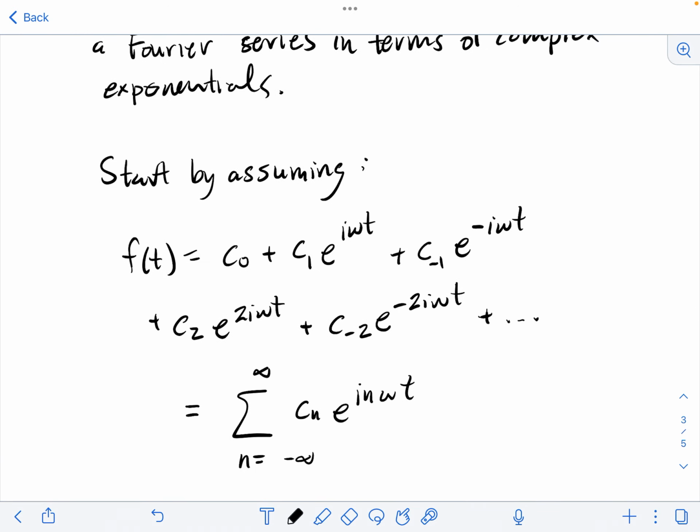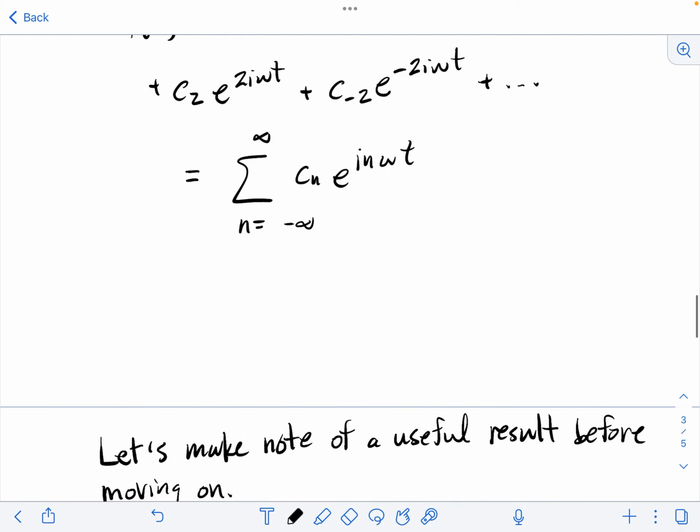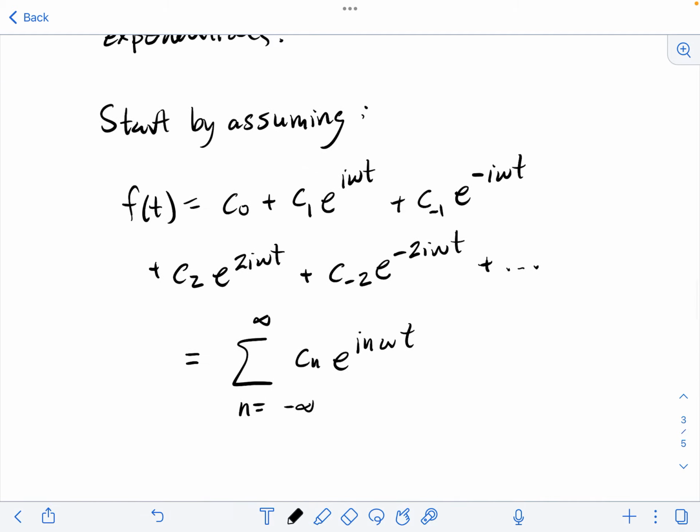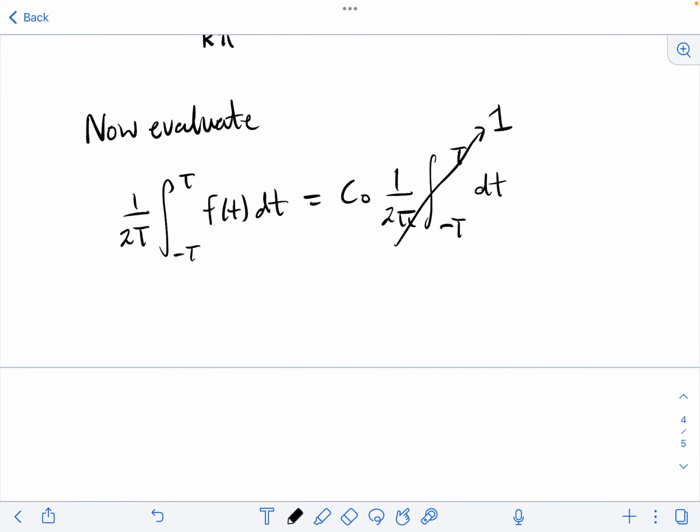The first term is just c_0, so it will be c_0 times 1 over 2T, the integral from minus T to T of dt. But then this is all just a 1. And then our next term is going to be c_1, and we integrate e^(i omega t).